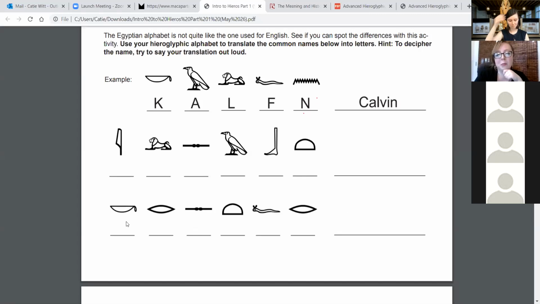Let's do here. This one sounds like a k sound. So we got Chris, and then the snake is an F sound, or it can also sound like a PH sound. So Christopher.